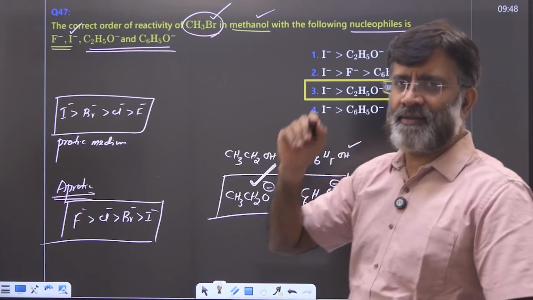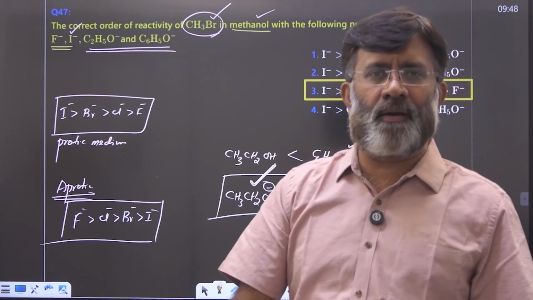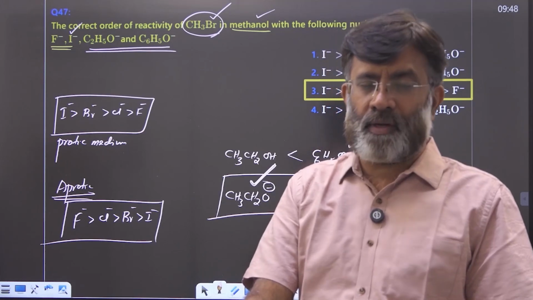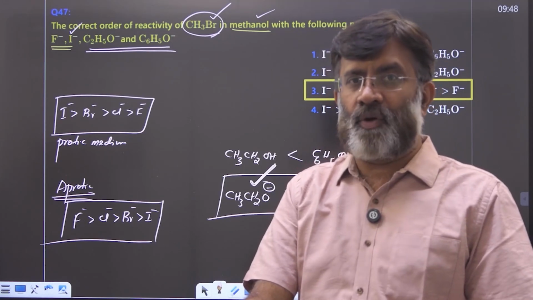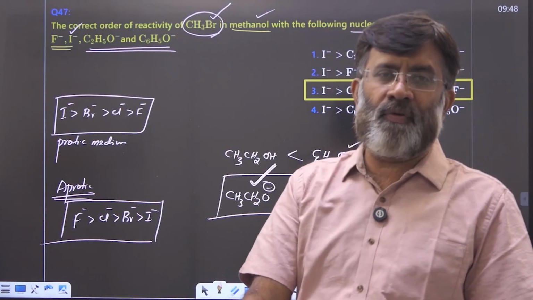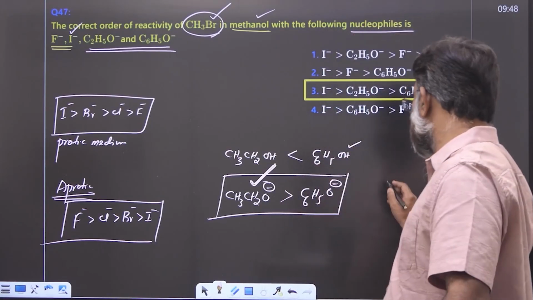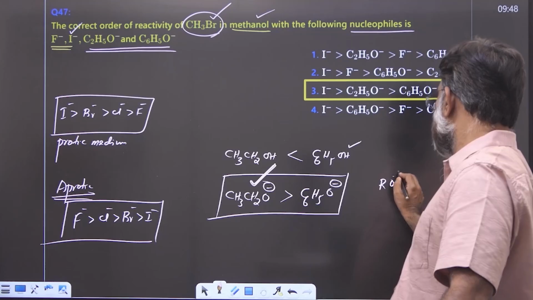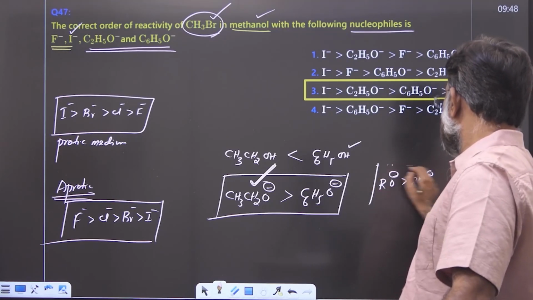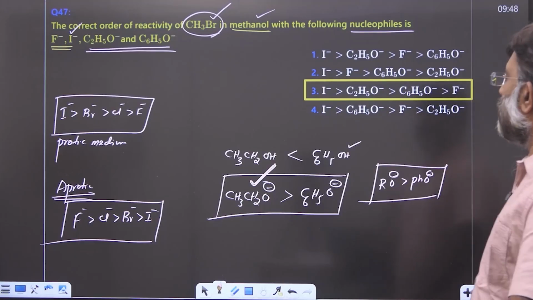So the conjugate acid-base pair concept will help you to understand the order between ethoxide and phenoxide. So ethoxide, an alkoxide, is a better nucleophile than phenoxide. Keep it in your mind. Alkoxide is a better nucleophile than phenoxide. Okay. And hence the answer.